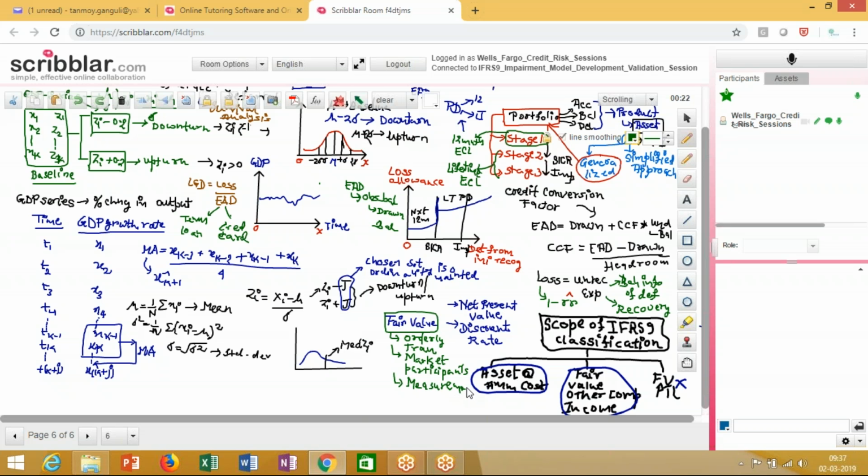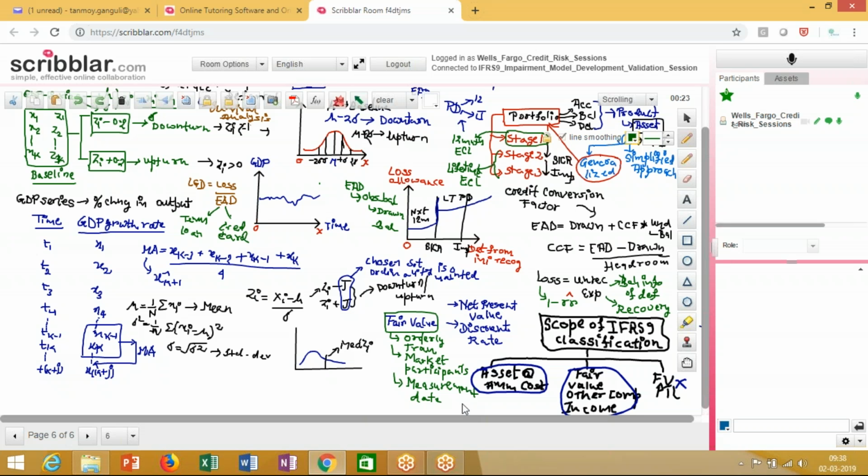So these are the three important factors that we have for defining the fair value. When I talk about fair value, there is an orderly transaction, there's a market participant, there's a measurement date.